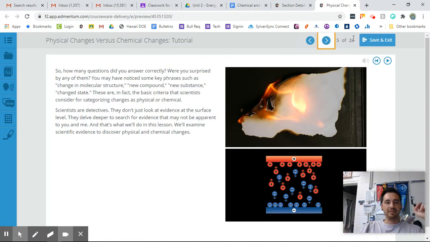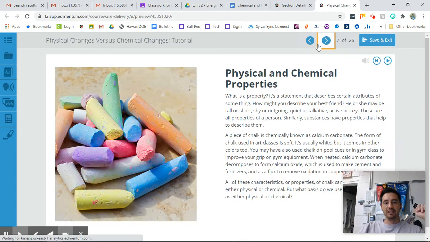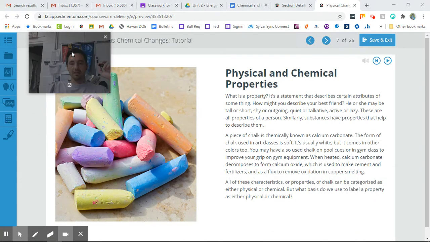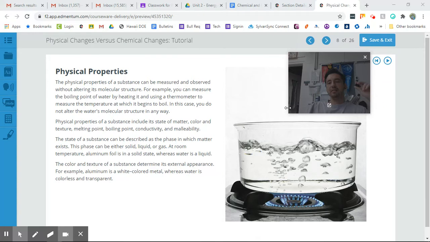Okay, I'm going to skip through this. Let's look at physical versus chemical properties. So, physical properties. Let's look here. Physical properties are things like boiling point, melting point, and freezing point.